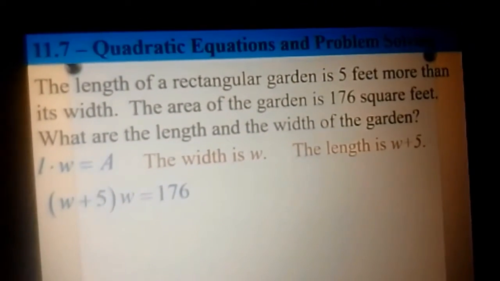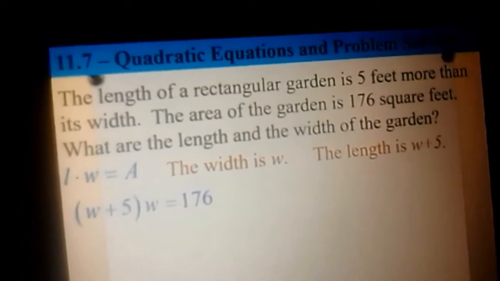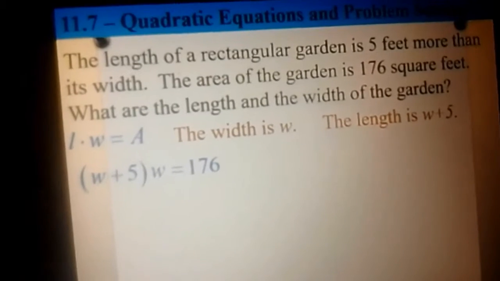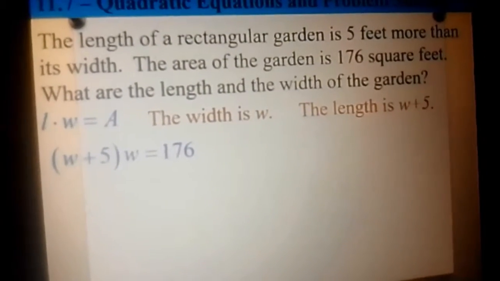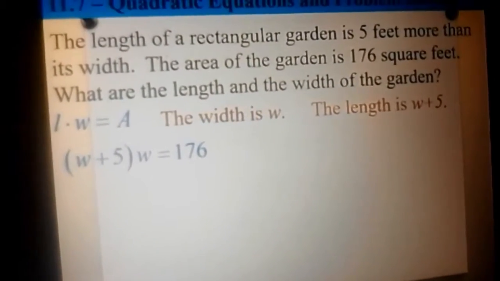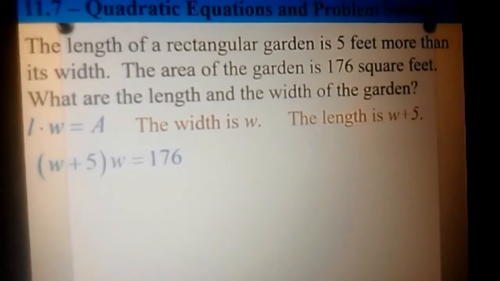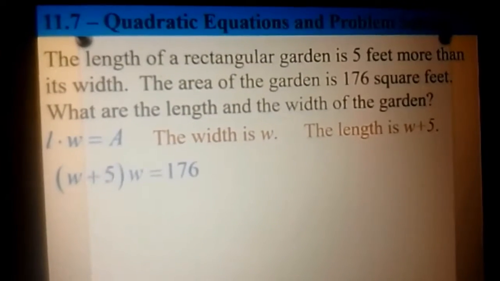So, we can have it in equation form. W plus 5, which is our length, times W, which remains as our width, is equal to the area, which is 176 square feet.